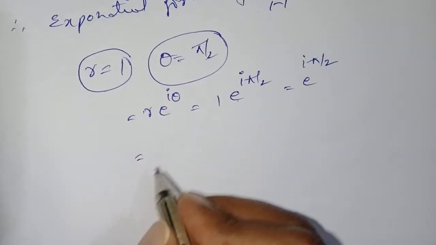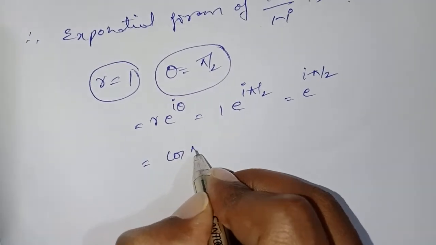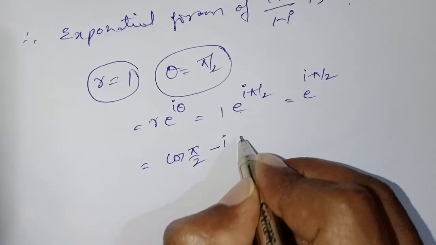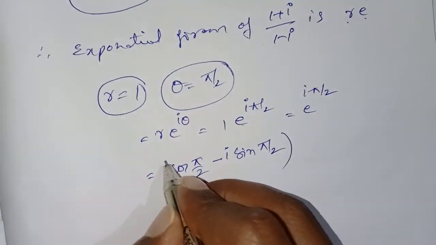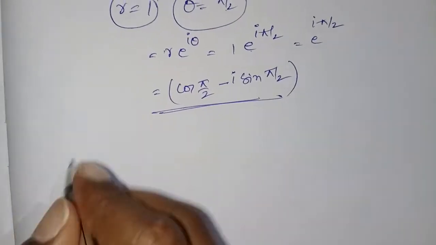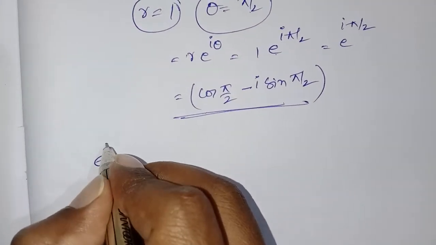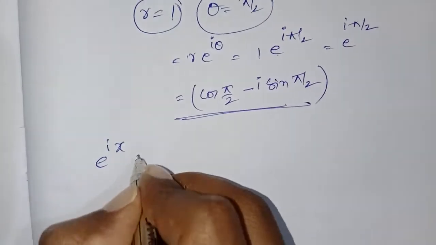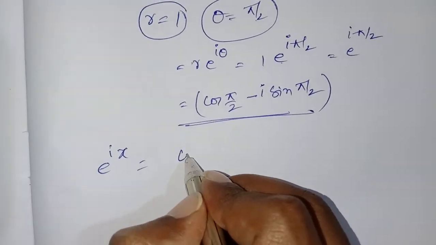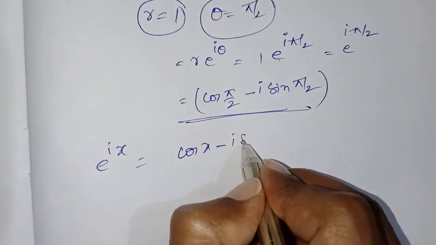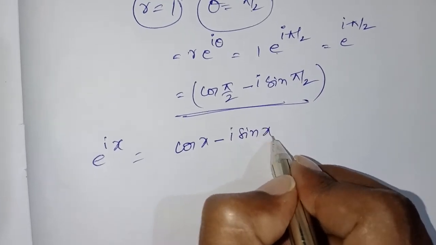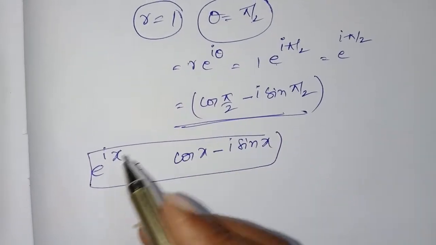That is equal to cos pi by 2 minus i sin pi by 2. We know that e to the power of ix is equal to cos x minus i sin x. This is the formula.